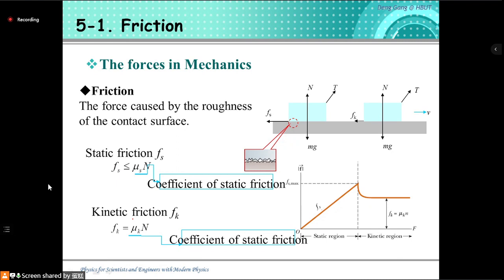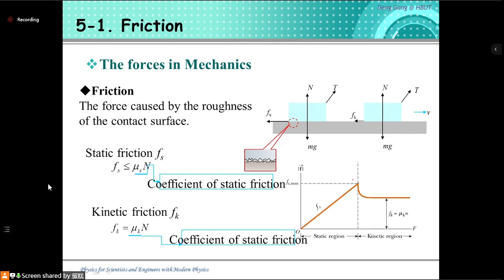The kinetic friction usually is a constant. It's proportional to the normal force, but slightly smaller than the maximum value of the static friction. So that's why the diagram is like this.